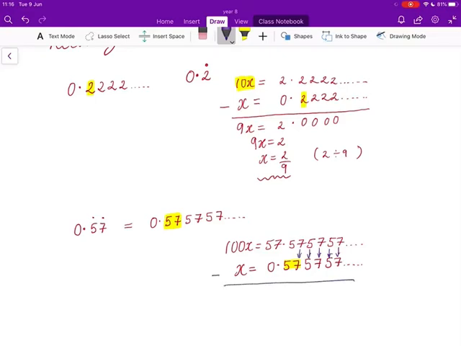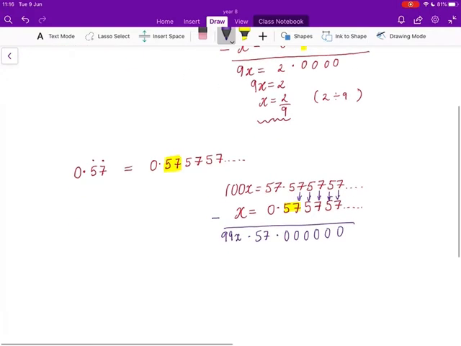So again, if we subtract these from each other, 7 take 7, 5 take 5, 7 take 7, 5 take 5, 7 take 7, 5 take 5, and then 57 take away 0 will give us 57. And on the left hand side, 100x take away 1x gives us 99x.